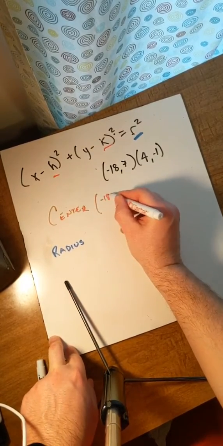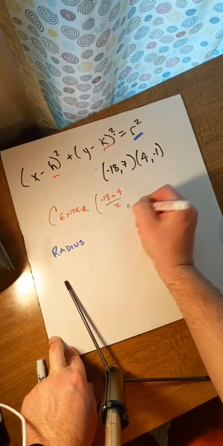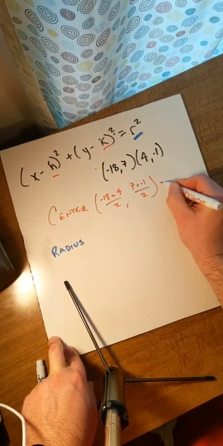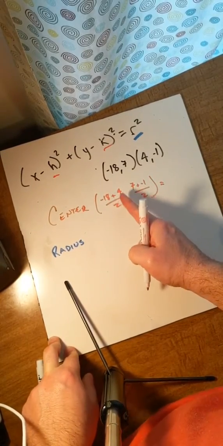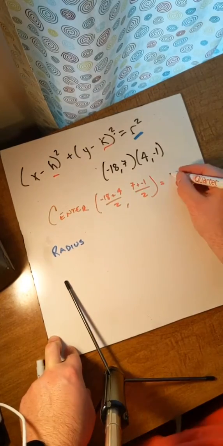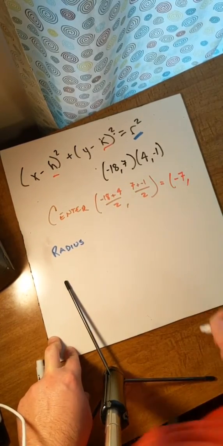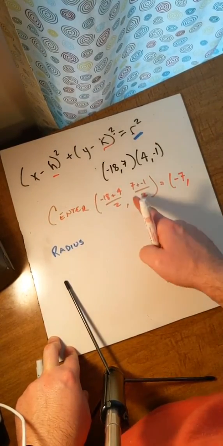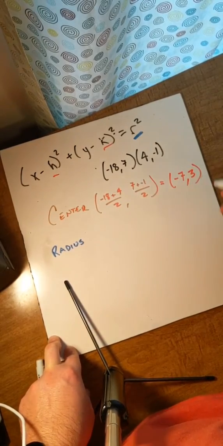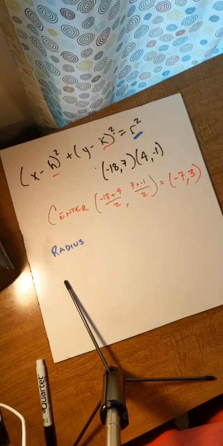So we got -18 plus 4 and 7 plus a -1. All right, negative 18 plus 4 is a negative 14 divided by 2. It's a negative 7. 7 plus a negative 1 is 6. 6 divided by 2, 3. So there's the center.